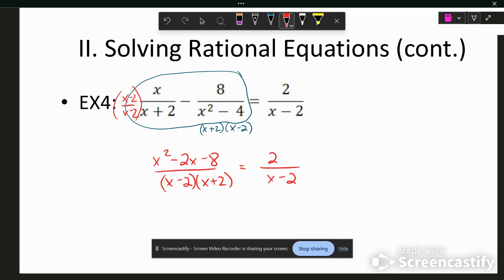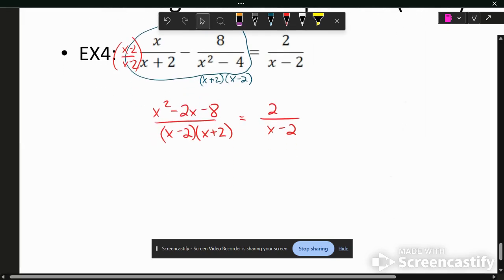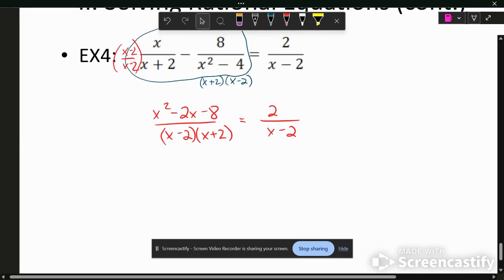Now, there's a couple different ways to actually solve this. I think one of the easier ones, though, is if you see x minus 2, this is probably going to be the one that's more in your face. X minus 2 is on both sides, so I can actually cancel that out.